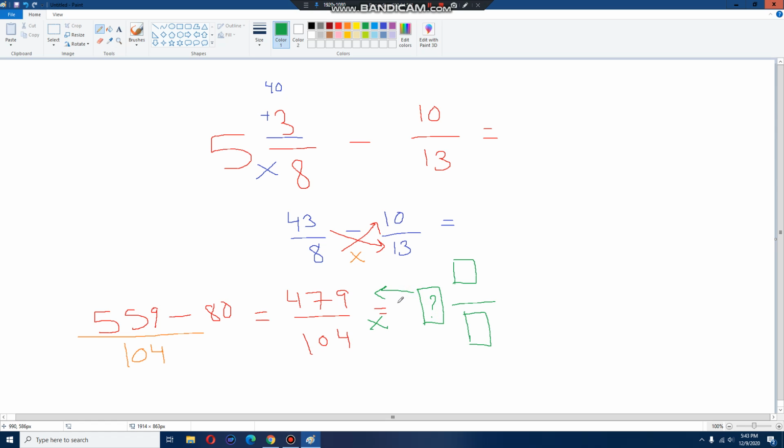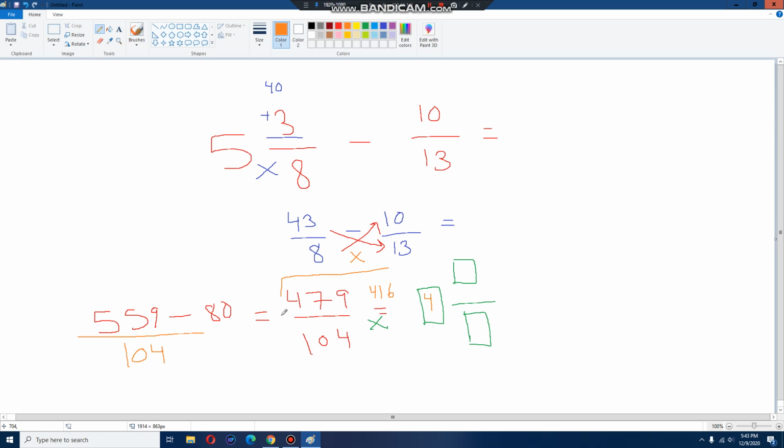Well, if I take a guess, I would say 4. 4 looks like the closest number that I can multiply by 104, because if I do 104 multiplied by 4, I'm going to get 416. And that's as close as I can get to 479.